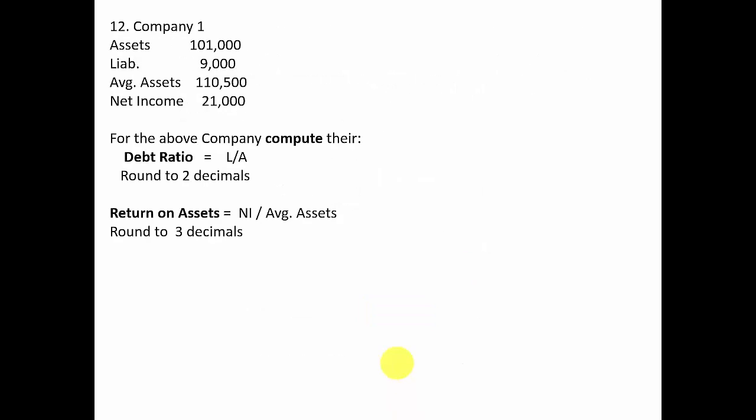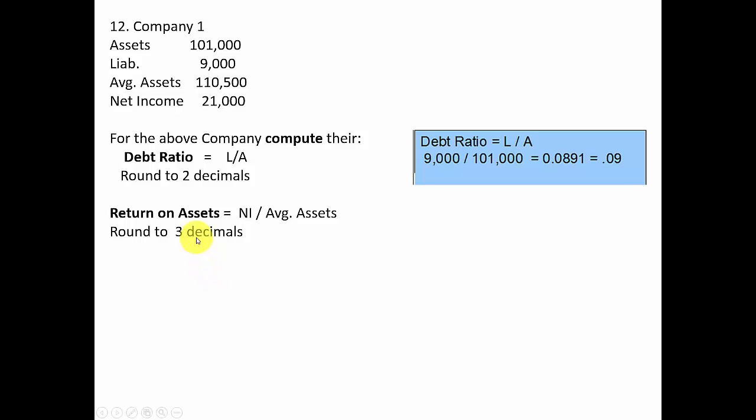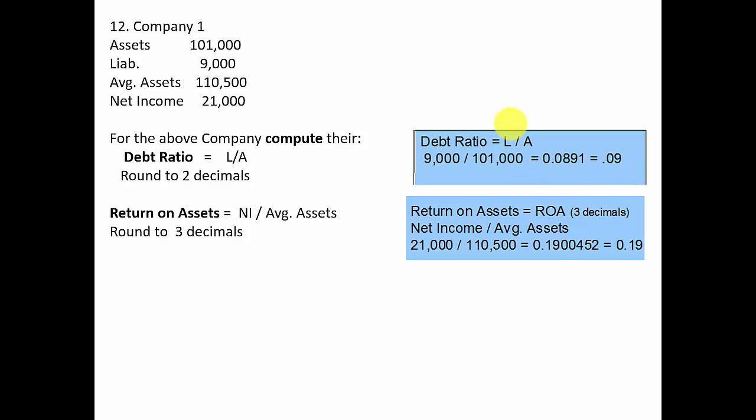Number 12. We have assets of company 1, liabilities, average assets, and net income, and they want to know the debt ratio to 2 places and the return on assets to 3 places. Debt ratio will be $9,000 in liabilities to 101 in assets, which comes out to 0.09.